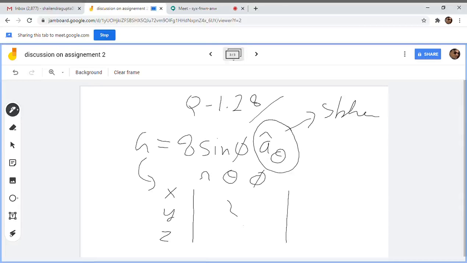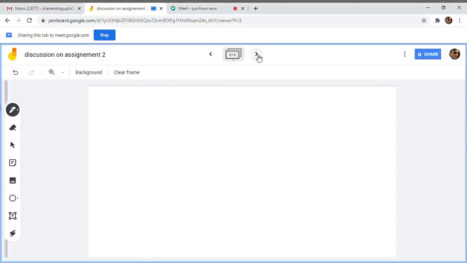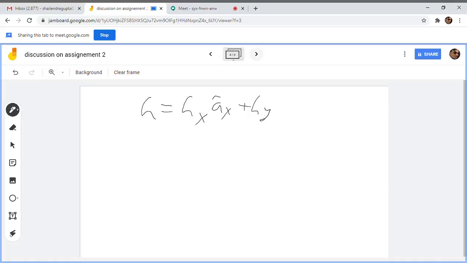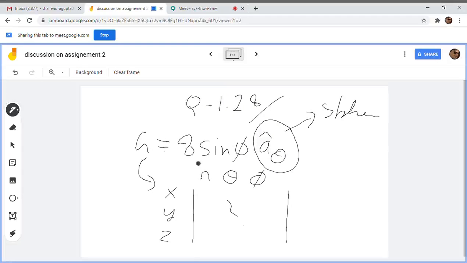So what do we need to do? If we want g in the rectangular coordinate system, let us say gx ax plus gy ay plus gz az, then if we want to find gx, we need to take the dot product of g with ax. This g and the previous g in our spherical coordinate system are the same.